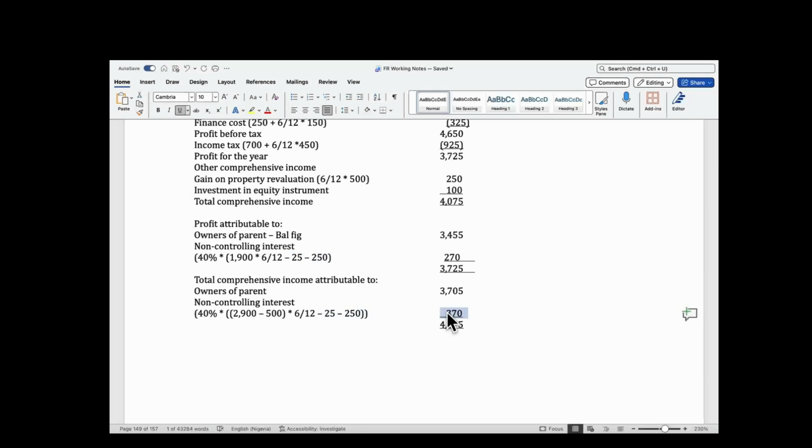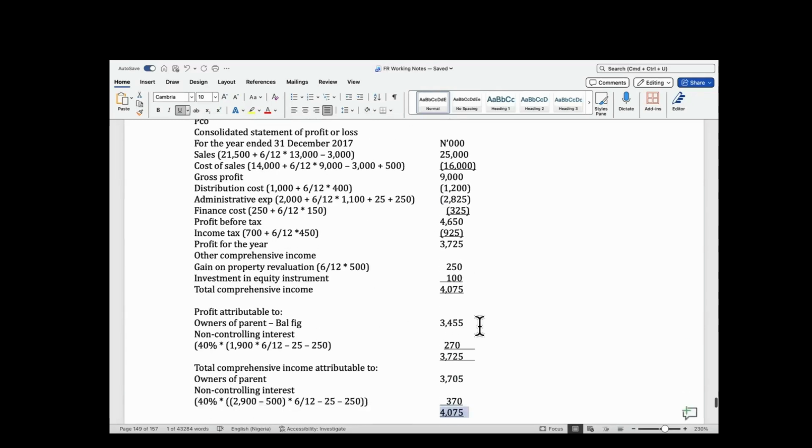So NCI gets 370 off the total. When you take it away from that, it gives us a balance of 3705, which will be the portion of the parent. Portion of the parent. So balancing figure 3705. So if you add the two together, it still gives you this 4075. And that's the end of this question.